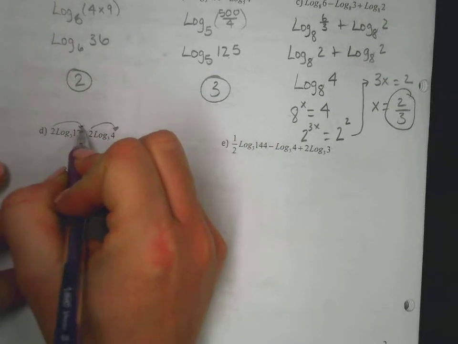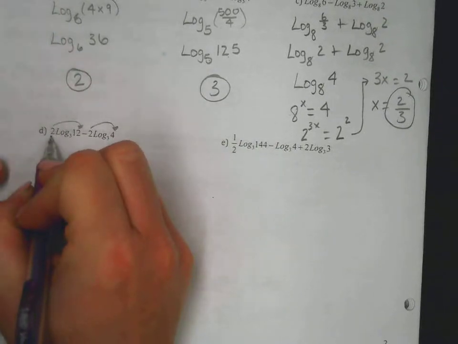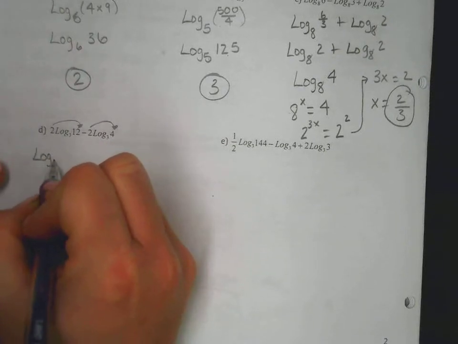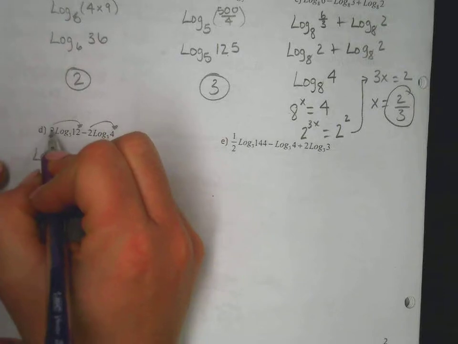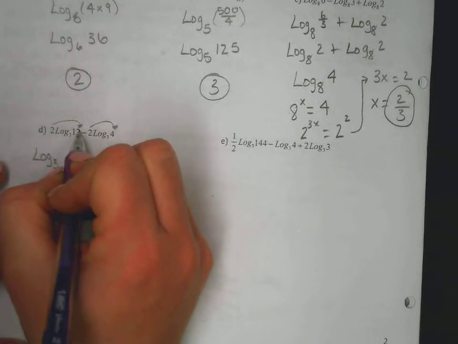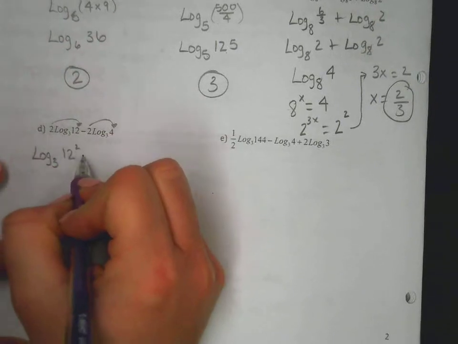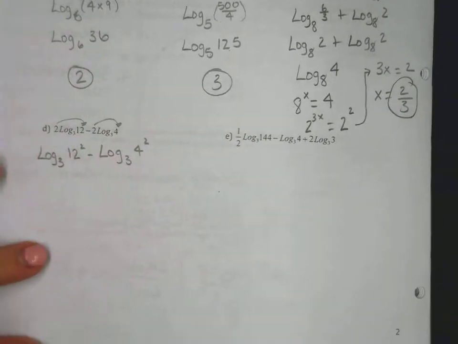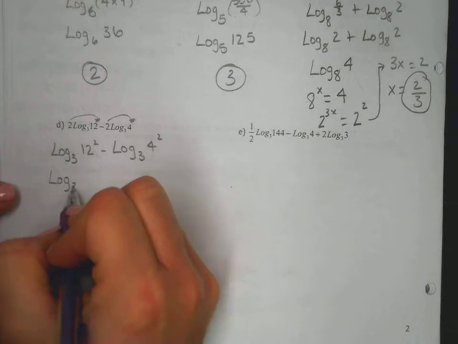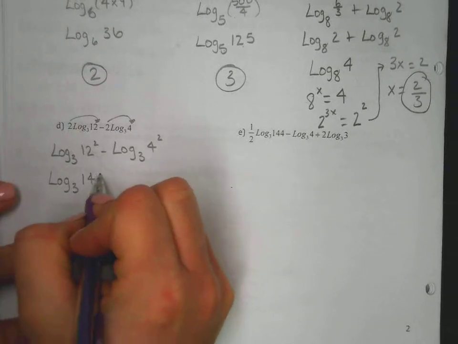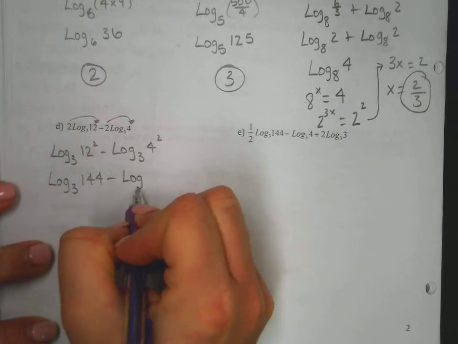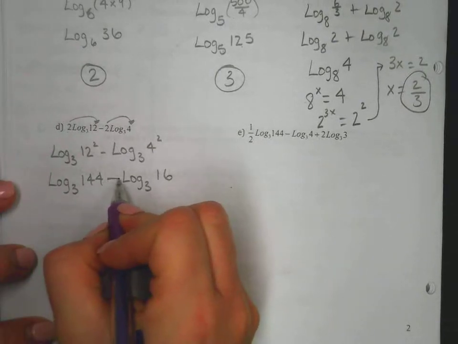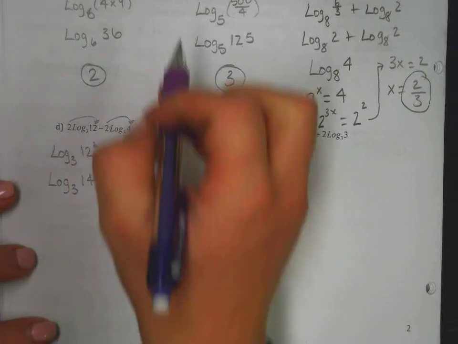My power law says that if my logarithm is multiplied by some coefficient, I can rewrite that by moving the coefficient as the exponent on the 12 and the exponent on the 4. So I'm going to evaluate those. 12 squared gives me 144. 4 squared is 16. So this minus is our quotient law.